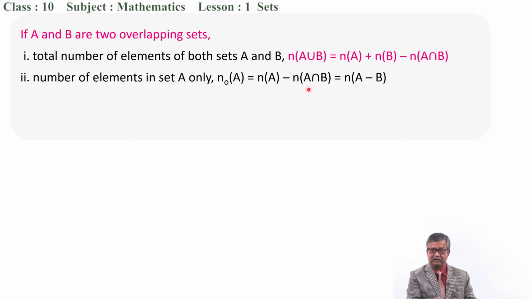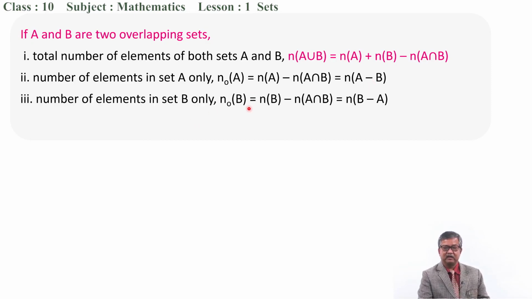Its meaning is the difference of A and B, so n(A minus B). Similarly, the number of elements in set B only, n-naught B, is equal to n(B) minus n(A intersection B). Its meaning is n(B minus A): from B, subtract the common element A.